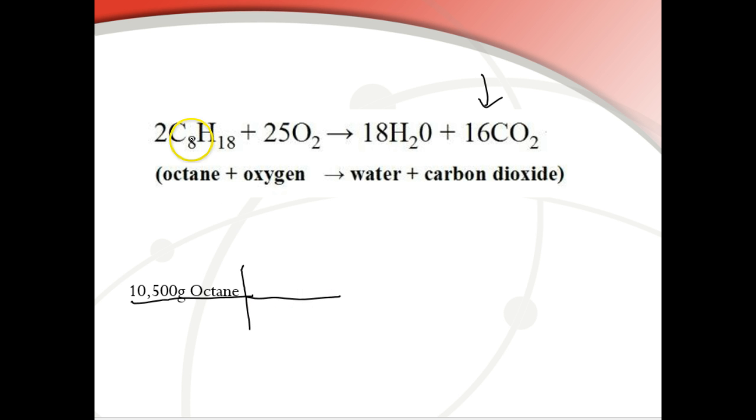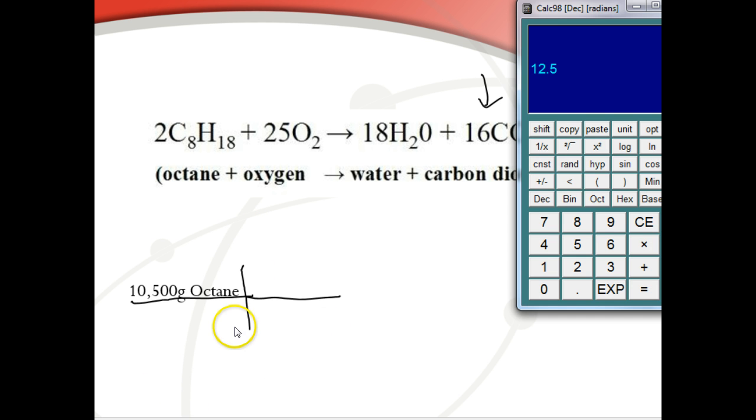and then we can pull down our molar mass of octane, which, if we look on the periodic table, we have 12 grams for carbon, and so we multiply that by 8, and then we add, so we can go all the way out if we want, times 8 plus 1.0079 times 18.